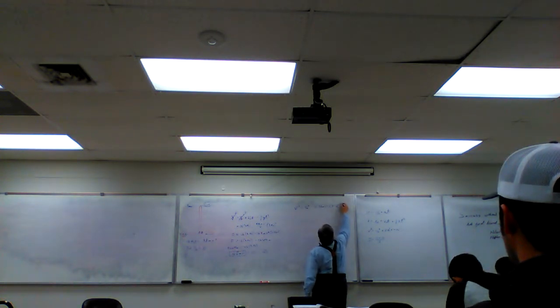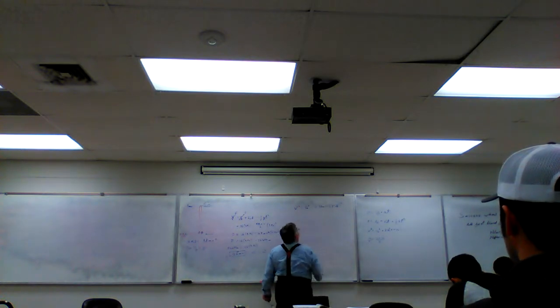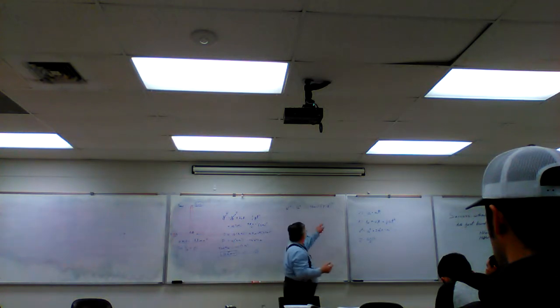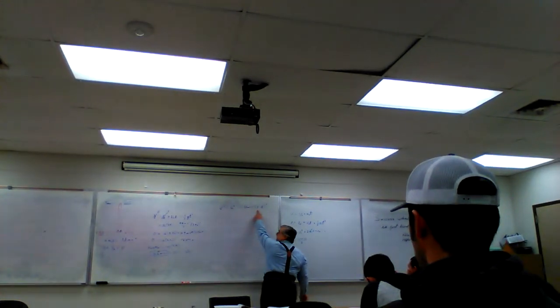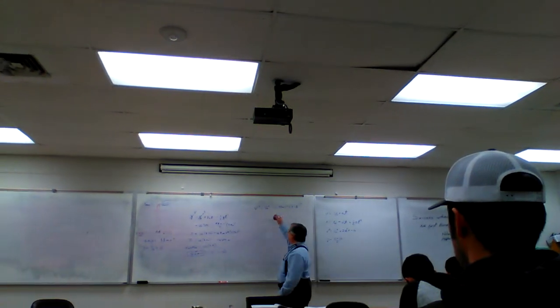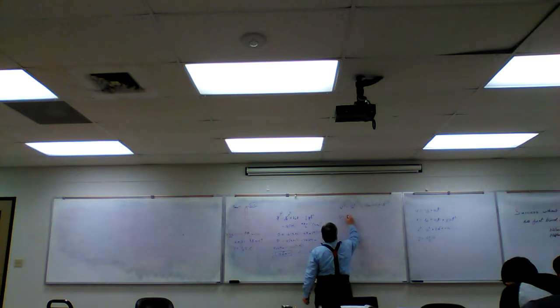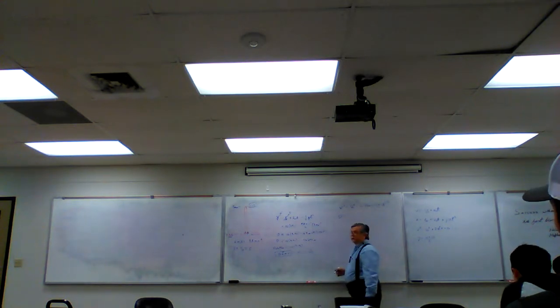Y naught is 0. There's only one variable up here that we don't know, which is Y, and that's the one we want. V squared at the top is 0. 0 squared is still 0.